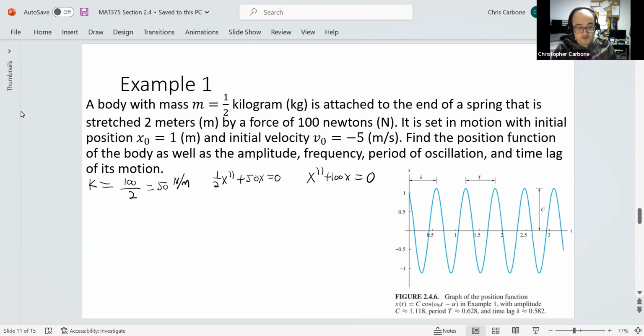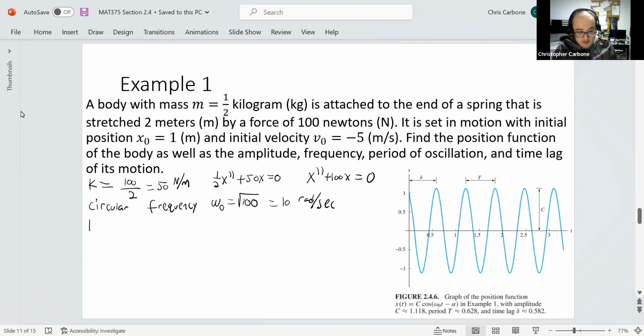So the circular frequency that we would have, this would be omega sub 0, and that is the square root of 100. So this is 10 radians per second as that measurement.